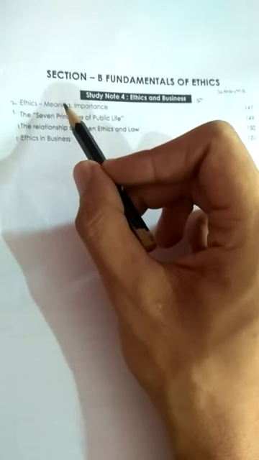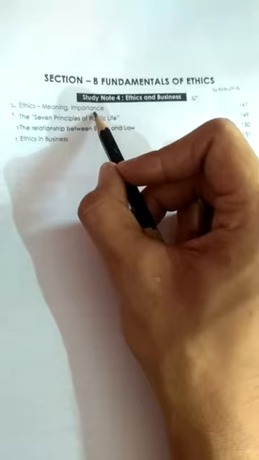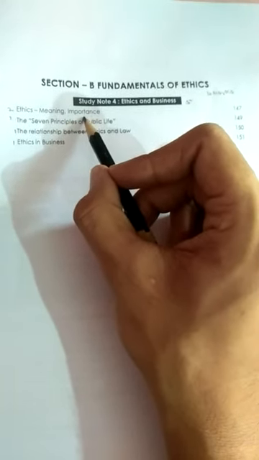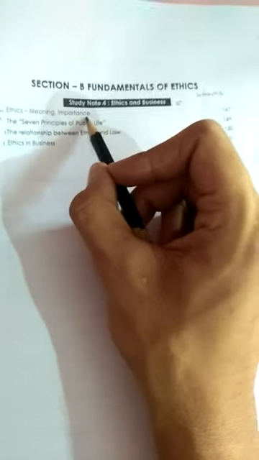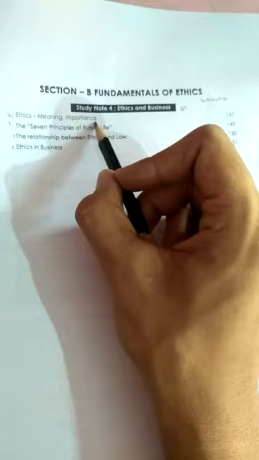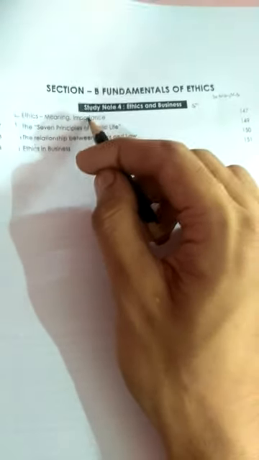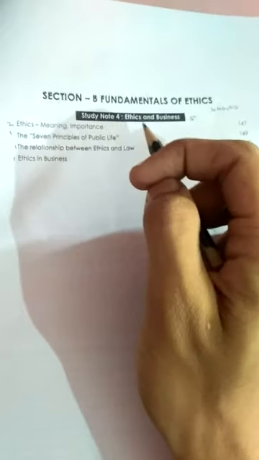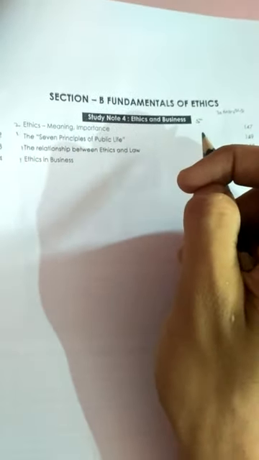Its first topic is basics: ethics, meaning, and importance. Read it thoroughly and give it at least 2 days, as you will be having 18 marks of objectives from this. So you must understand the basics of the topic in order to score marks in multiple choice questions.